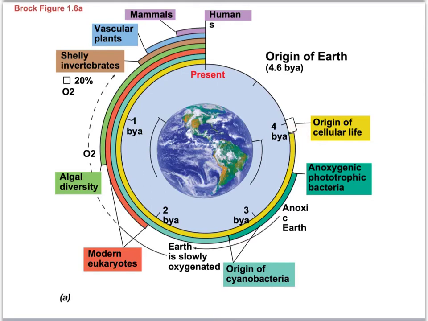Not too much further than that, you have the development of the first bacterial cells. And they have been here ever since, the entire time. So if this is present day, here are humans, and humans have been around for such a short time that on this type of time scale, we don't even make a mark, we don't even measure. And yet bacteria have been around all this time.